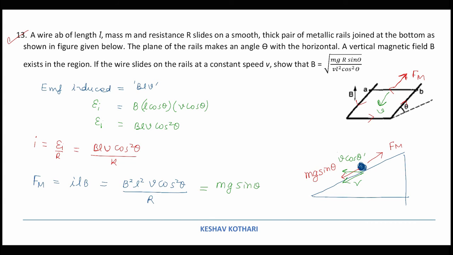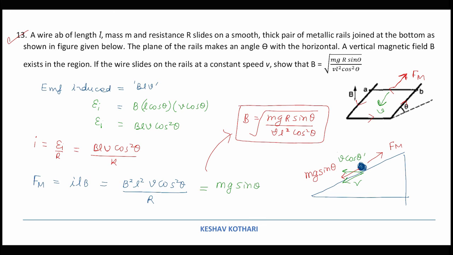The value of magnetic field will turn out to be B equal to the square root of mgR sine theta upon V L square cos square theta. So we have proved this expression. So let us move to the next problem.